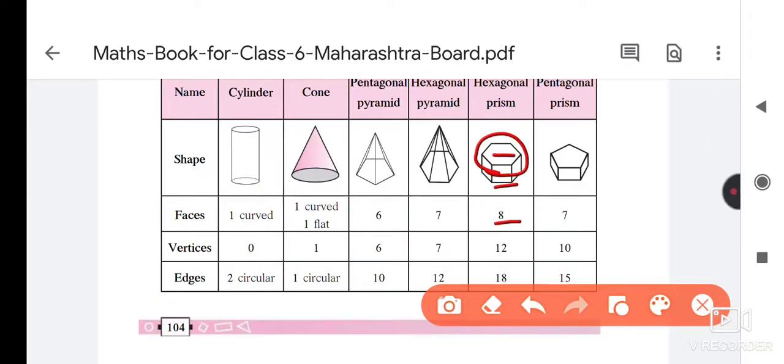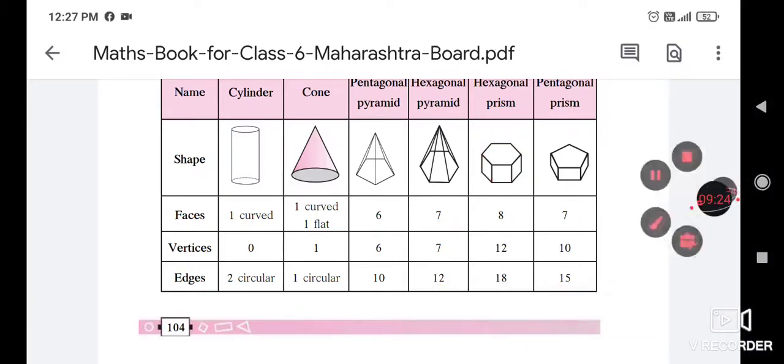In this way 8 faces are there. Then 12 vertices are there. If you see here, the hexagon has 1, 2, 3, 4, 5, 6, and 6 plus downside 6, 12 vertices are there. And how many edges? 6 above, 6 below and 6 on the sides. In this way 18 edges are there.